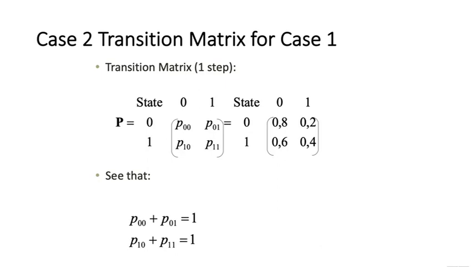But it's not always like that. It depends on the data, on the situations, on the conditions. And you see that here p00 plus p01 equals 1, and p10 plus p11 becomes 1. So this one is 1, this one is 1.